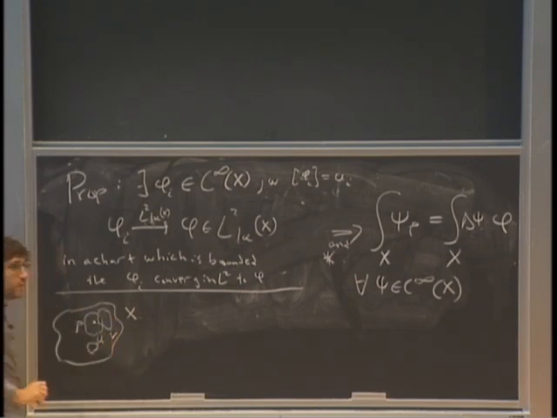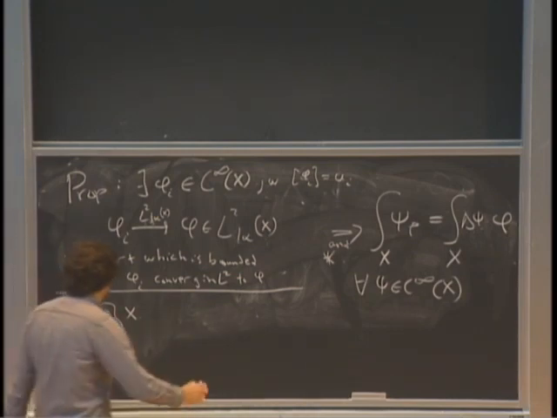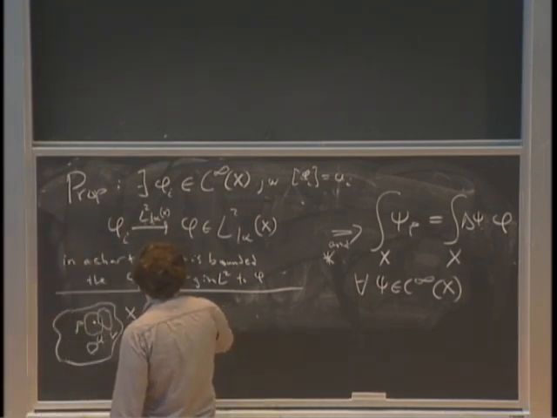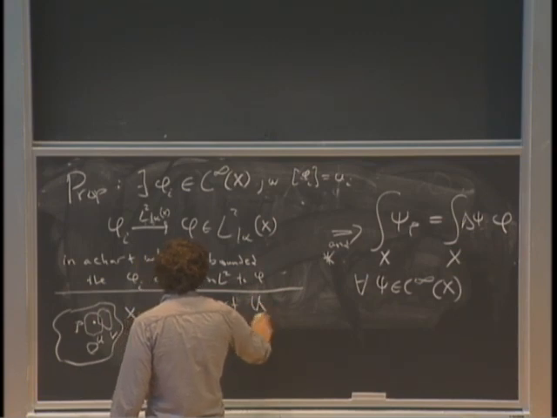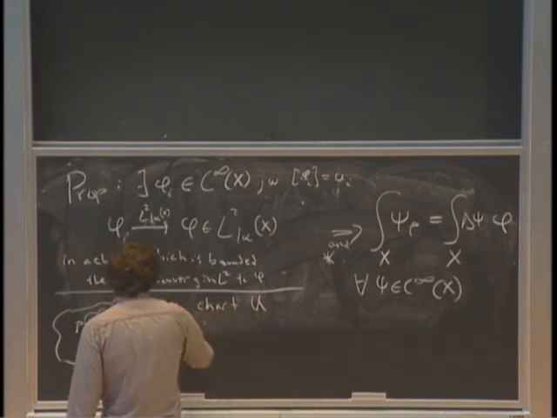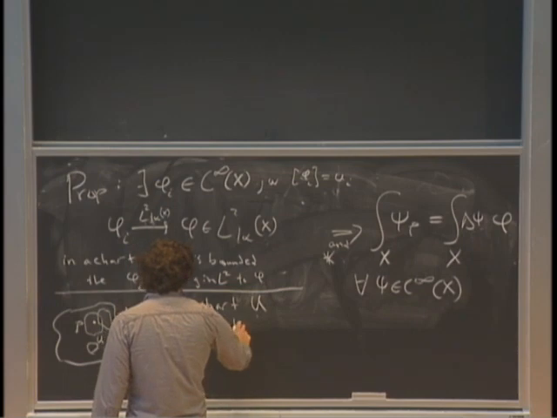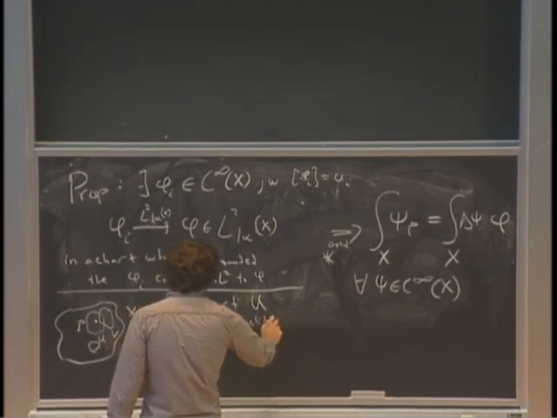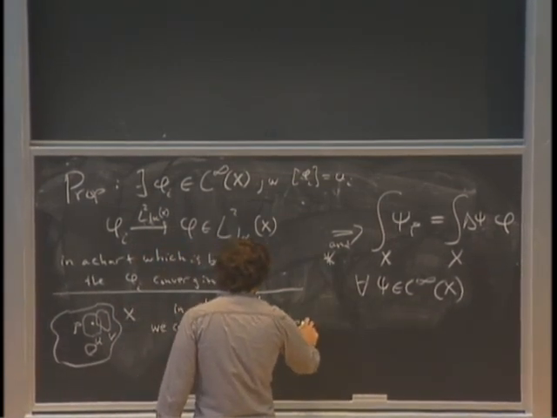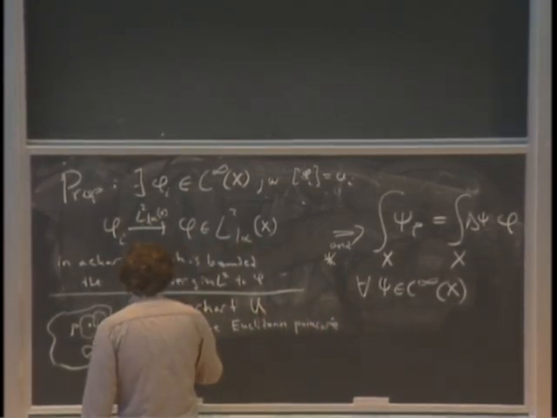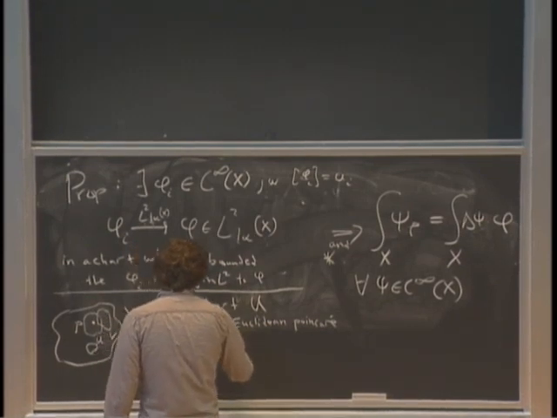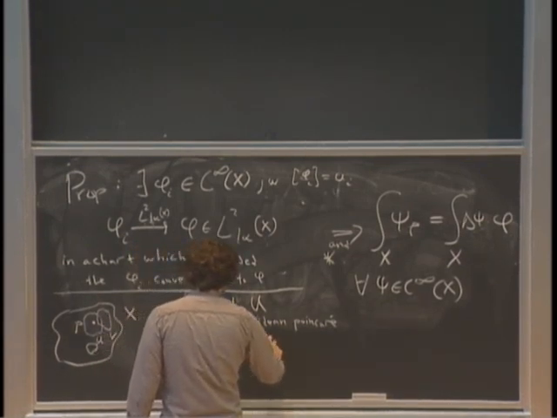So these are two coordinate charts, U and V. So the idea is, in the chart U, we can use the Euclidean Poincare inequality to pick, say, the phi I.